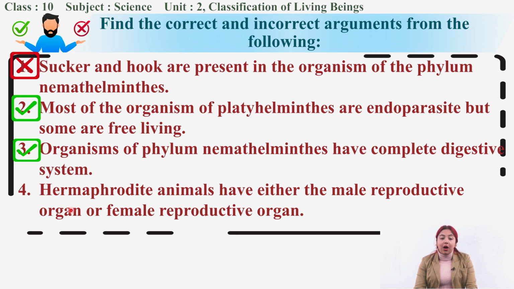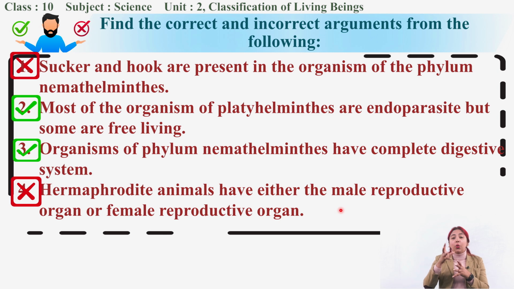Now the fourth argument, hermaphrodite animals have either the male reproductive organ or the female reproductive organ. Is this correct? No, it's incorrect, because hermaphrodites are those animals that have both male reproductive organ and female reproductive organ in the same body.